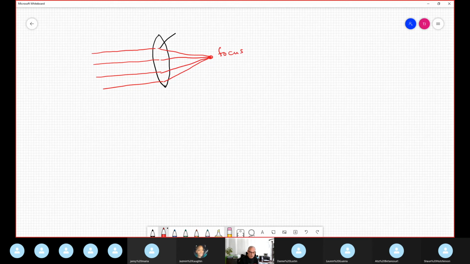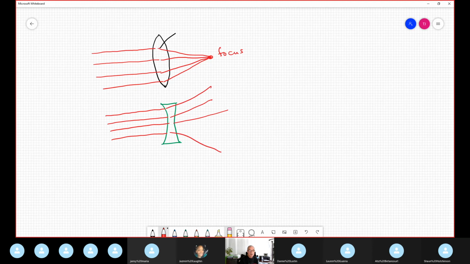However, divergent is another lens like that. Okay, the light of the sun, by the way, is parallel rays. In this case, they diverge. Look, never meet. Converge, diverge.